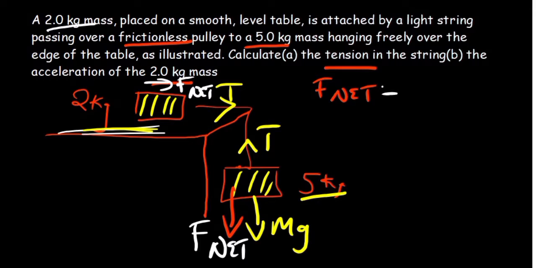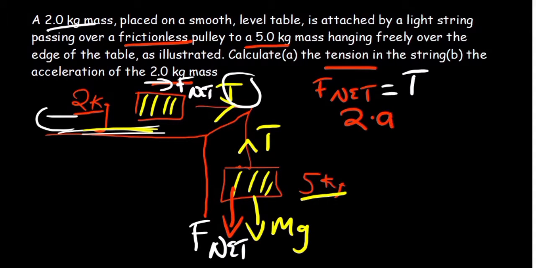What is making it move towards the right? The tension. Do we have any opposing force in this case? There is no opposing force because there is no friction. So what is its net force? It's given by its mass, which is 2, times the acceleration, which we don't know, equal to our tension. That's our first equation.